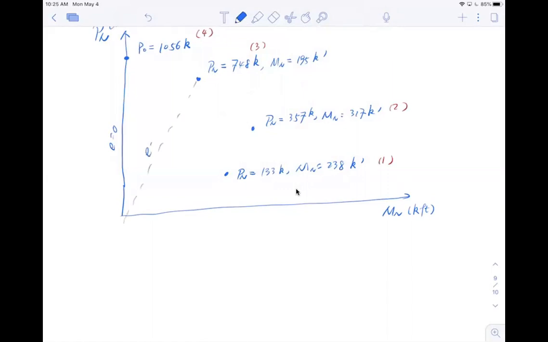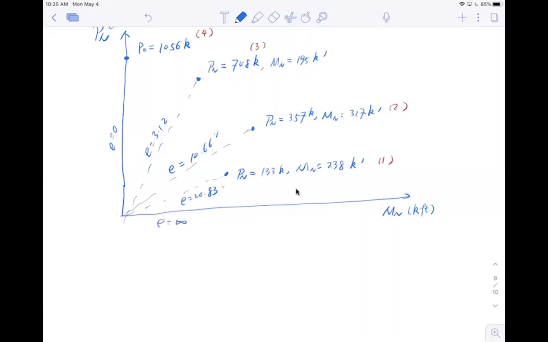This is E equal to 3.12. Here, E equal to 10.66. And here, E equal to 20.83. Then of course this is E equal to infinity, but we don't have a point there.